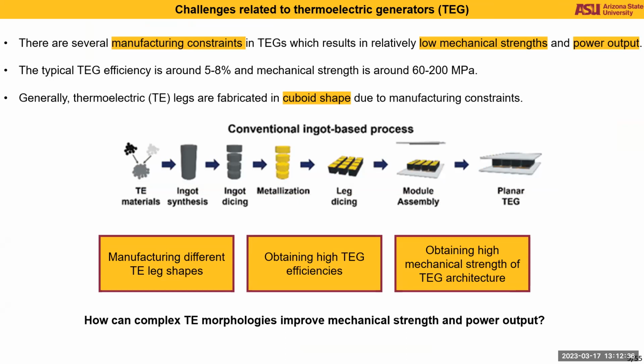Most importantly, the mechanical strengths of these cuboid legs are very low and they are very brittle, and they are not suitable for high vibration environments. So the question here is that we need to come up with different and complex TE morphologies that may provide us better thermoelectric properties and mechanical strengths.